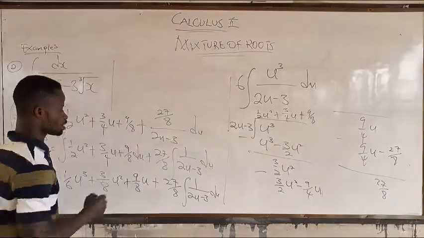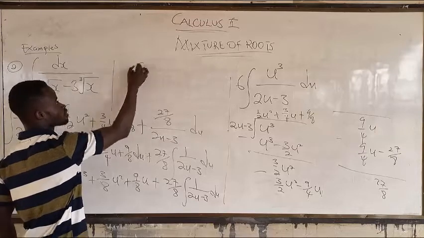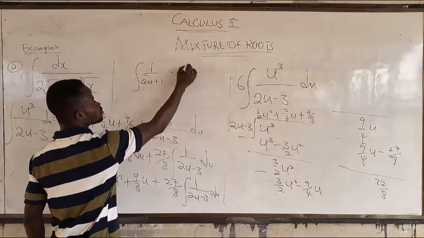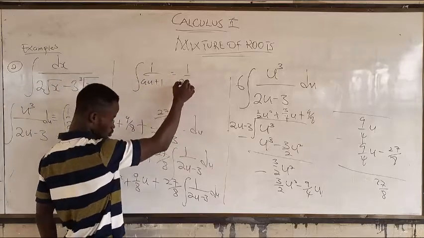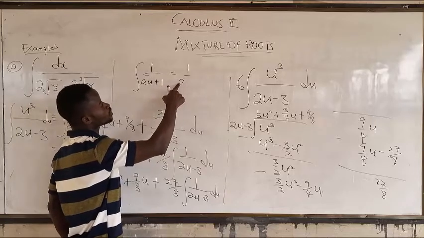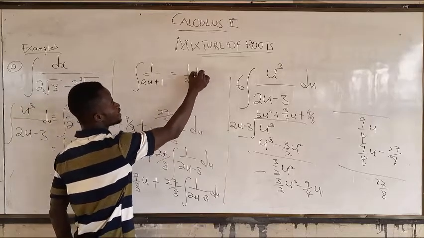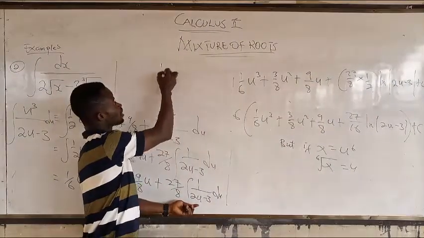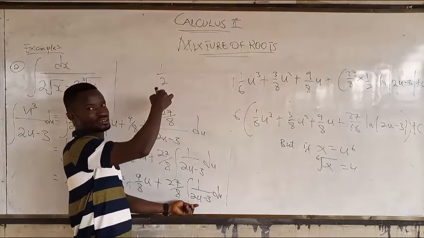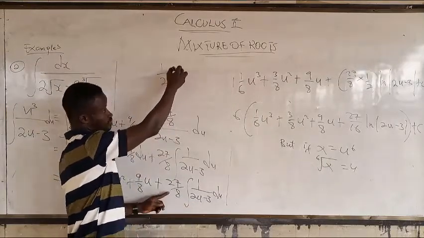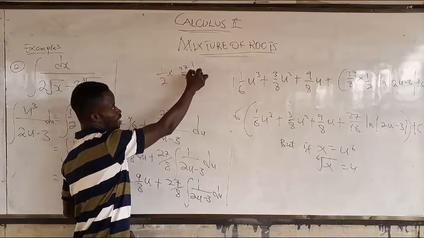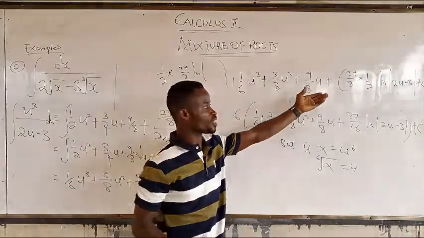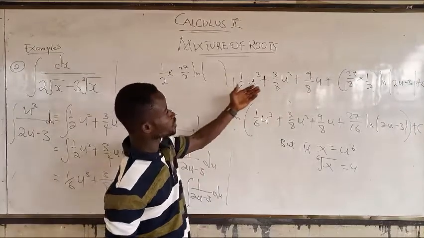You know it in this way: the integral of 1 over au plus b is 1 over a, then the log. So that is going to be 1 over 2 times this 27 over 8. Then we take our log. And that's exactly what I have done in our next step. Very good. So that's going to be that.